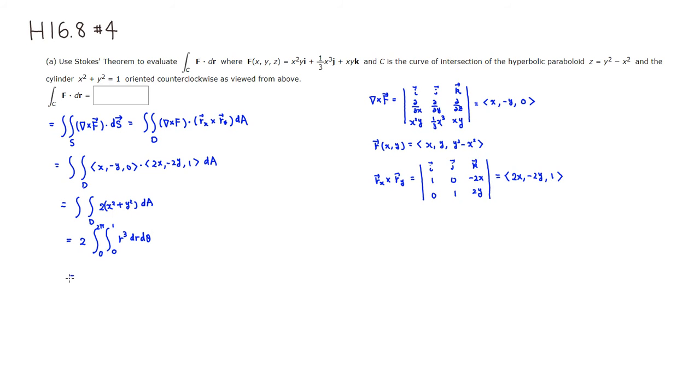We can separate this: the integral of d theta from 0 to 2 pi times the antiderivative of r cubed, which is r to the 4th over 4 from 0 to 1. So it's 2 times 2 pi times 1 over 4, and canceling those, we get simply pi.